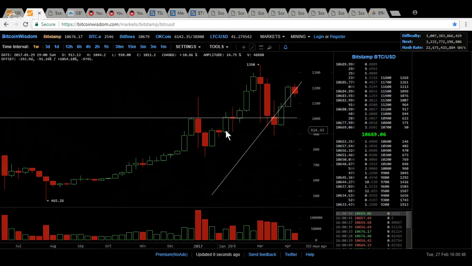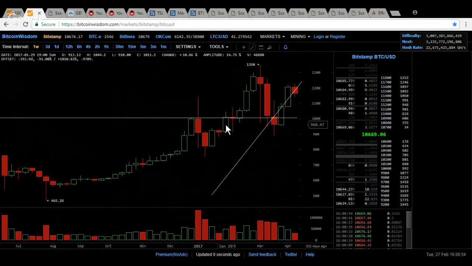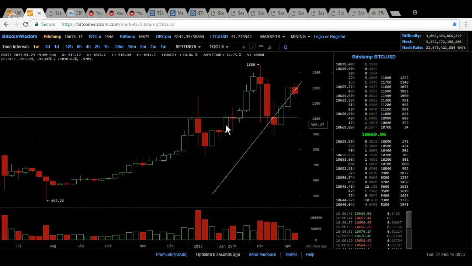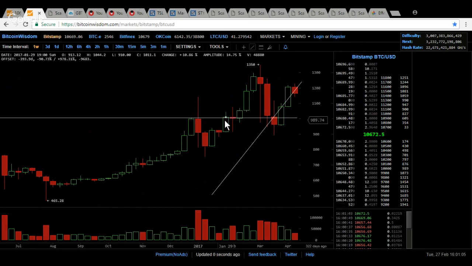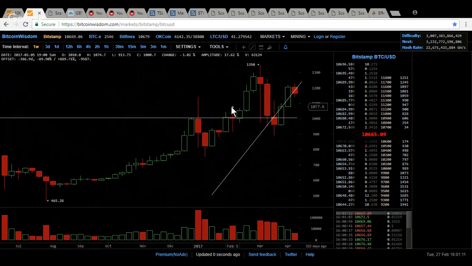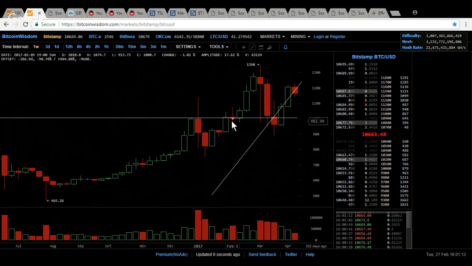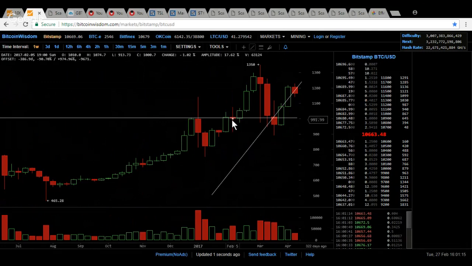4 weeks later, on this particular candle, January the 29th, 2017, we broke through the $1,000 level and closed right on it. The next week, we went above and below it and closed right on it.